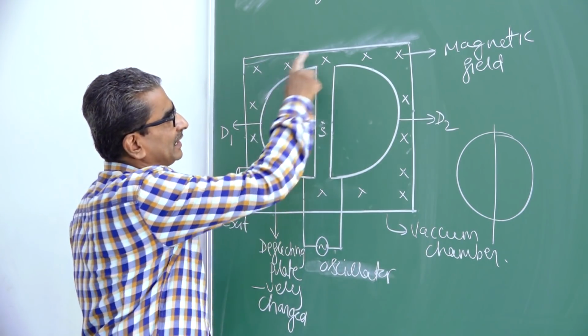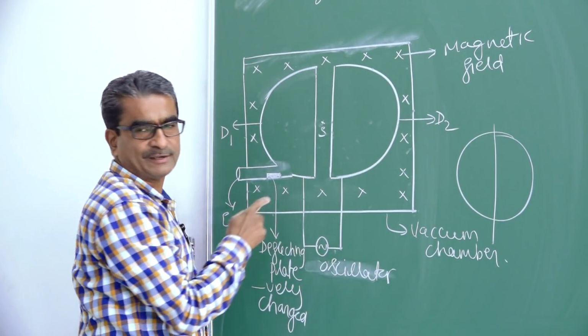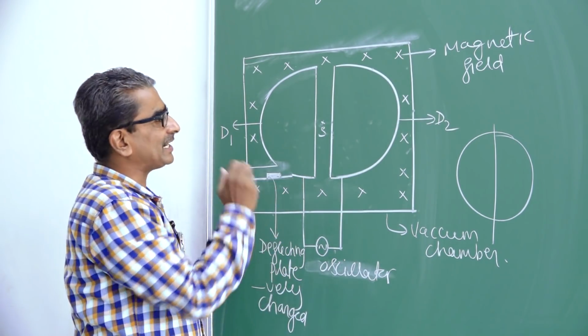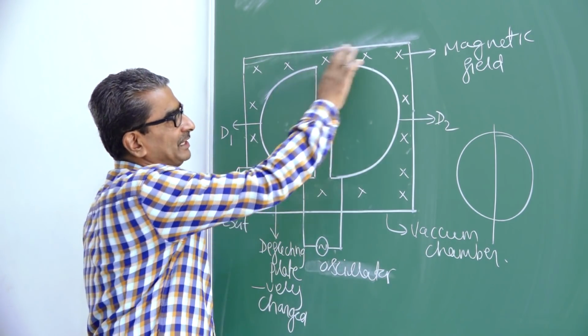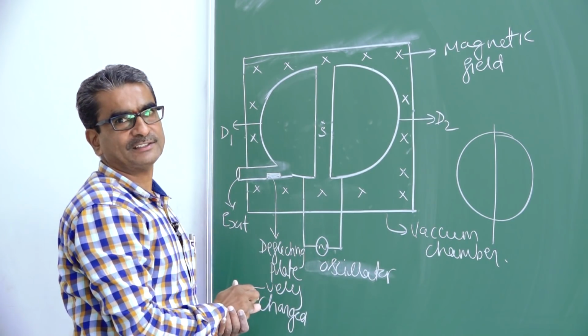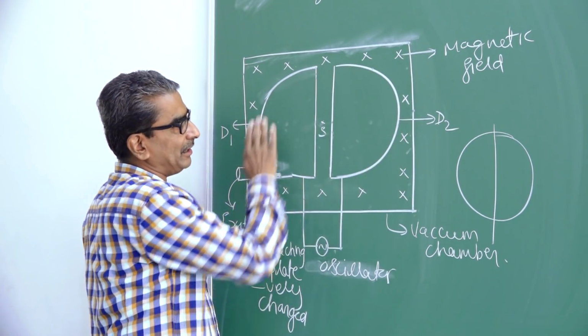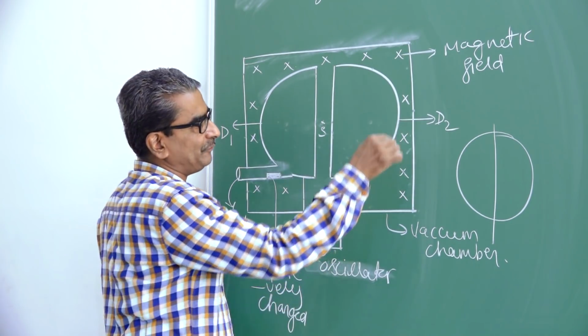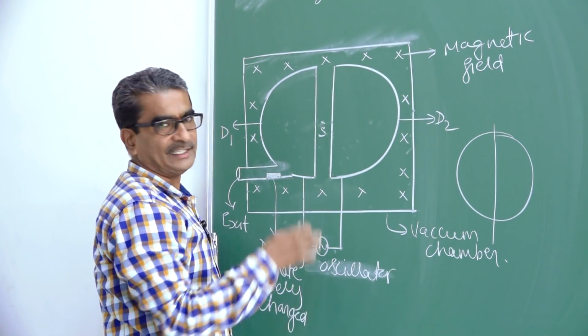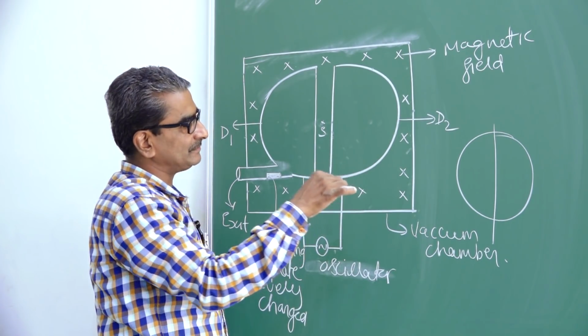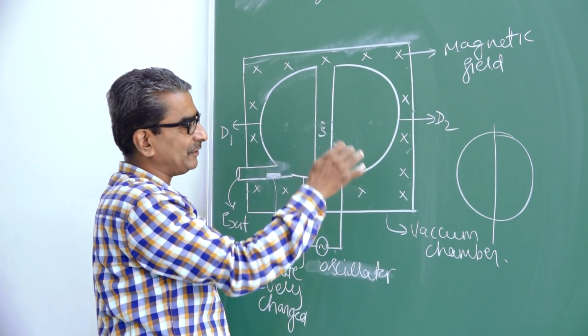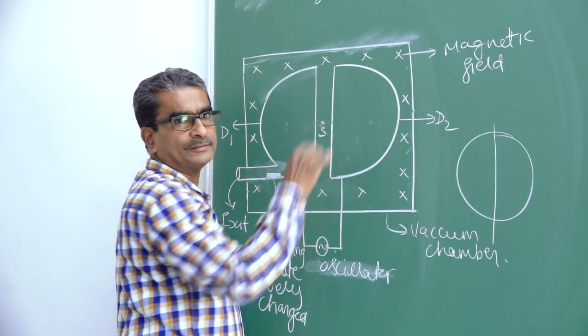Then the two Ds are kept enclosed inside a vacuum chamber to avoid the interaction of the ions with any outside particles, meaning air particles. And perpendicular to the plane of the Ds, a magnetic field is also applied, and its direction is perpendicular to the plane of the figure, into the board.